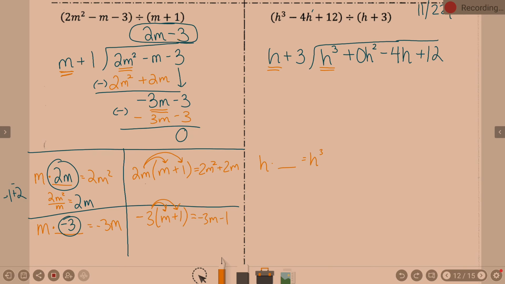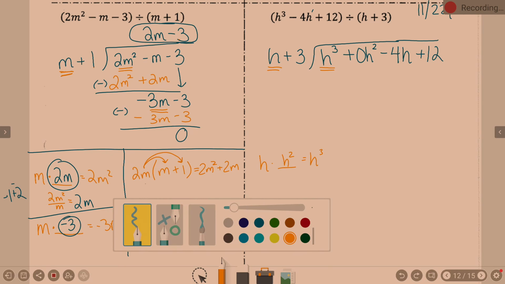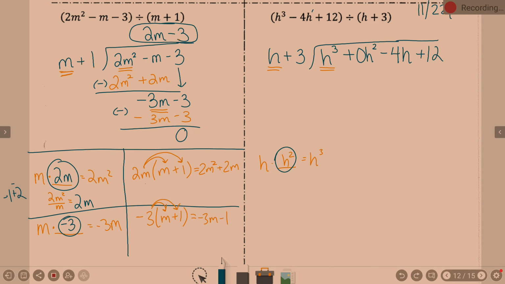H to the second. Or again, if you don't like it, divide those pieces there, right? Where do I put h to the second in my answer? Above the 0, h to the second. It's going to go two spots over, above its like term.